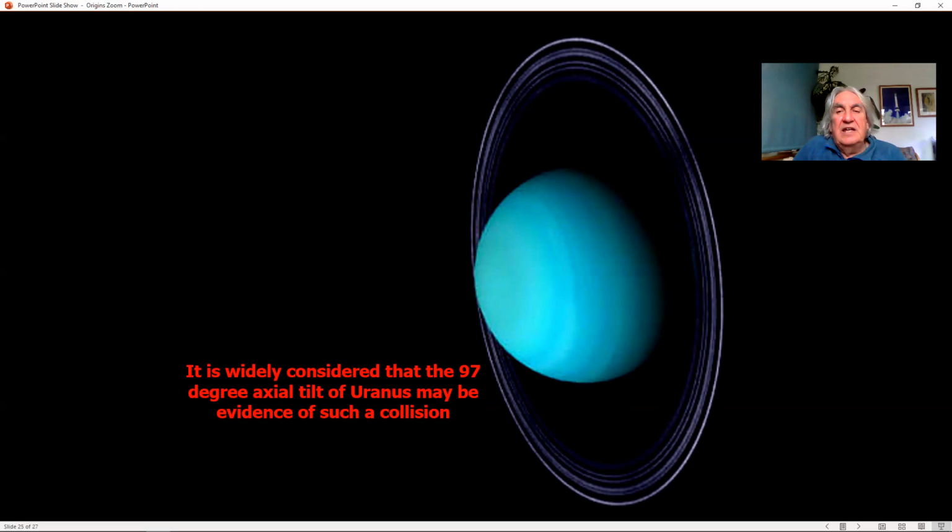It has been suggested that a massive object, perhaps a huge comet or a Kuiper belt object from the region outside the very limits of the solar system, might have smashed into Uranus at some point and literally knocked it over. And that the tremendous pressure and compression produced during that collision was sufficient to compress the molecules of methane, which make up most of the outer atmosphere of these gas giants.